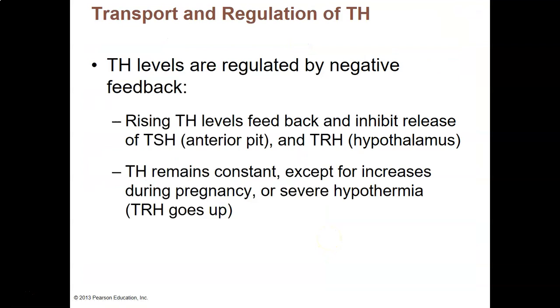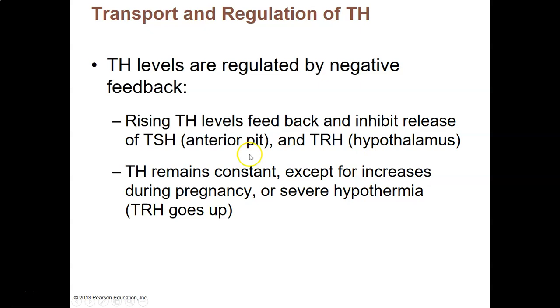How do we regulate thyroid hormone? By negative feedback, just like we saw in that slide that was used as an illustration of hormone regulation. So again, if thyroid hormone levels rise, it feeds back and inhibits the anterior pituitary gland and hypothalamus so that these regulatory hormones are not released.